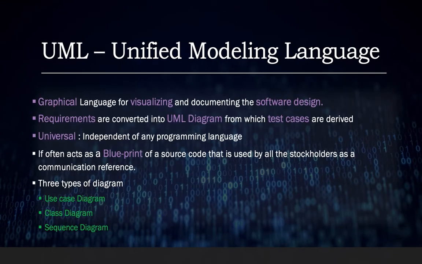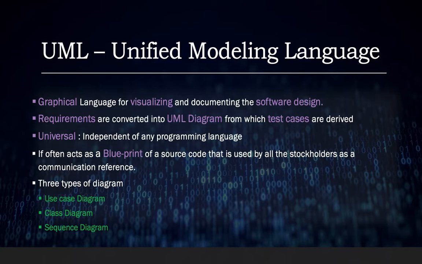Let's see what is UML. It's the Unified Modeling Language. It's a graphical language for visualizing, structuring, and documenting the software design on the basis of the customer requirements. So it means the requirements are converted into a UML diagram that is a very easy to understand representation of the whole software system.